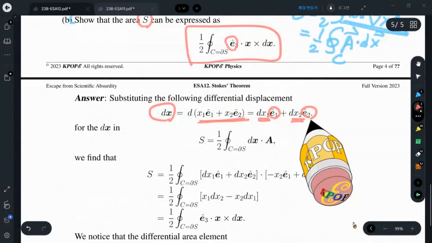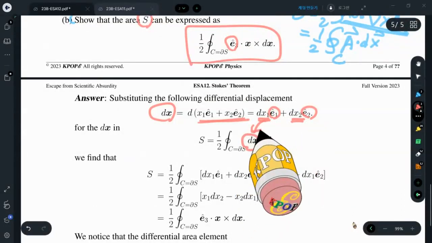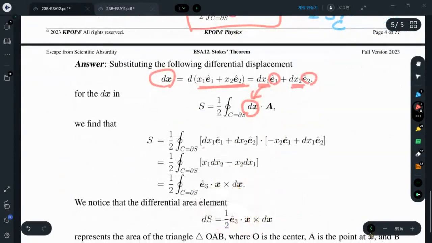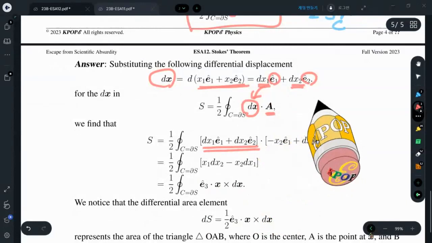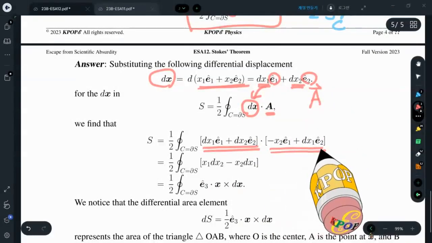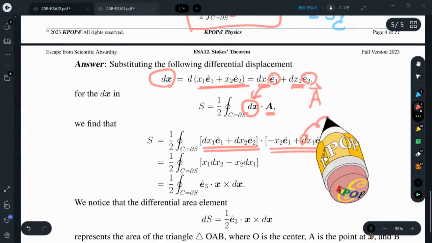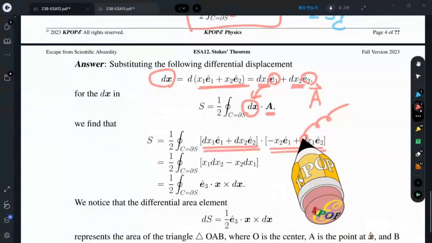We substitute these components in this integral and we have this. Now we remember what A was. A was this. This is a typo. We have to delete this d.